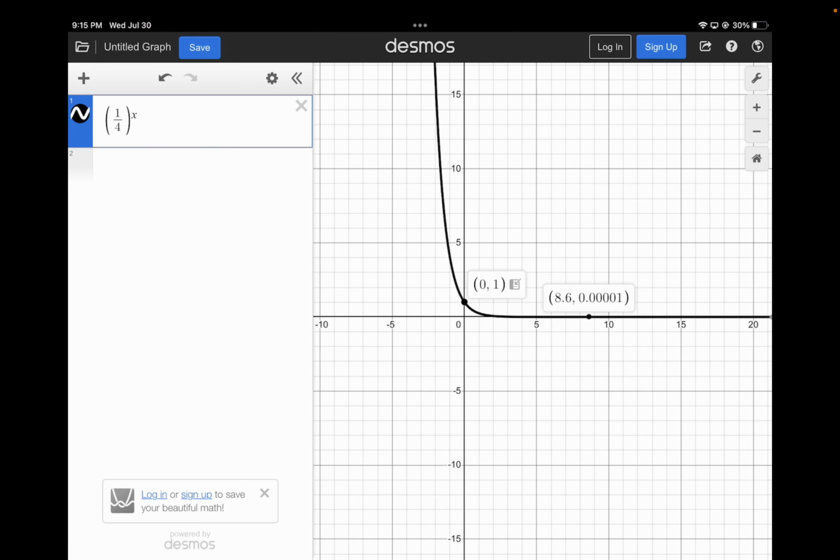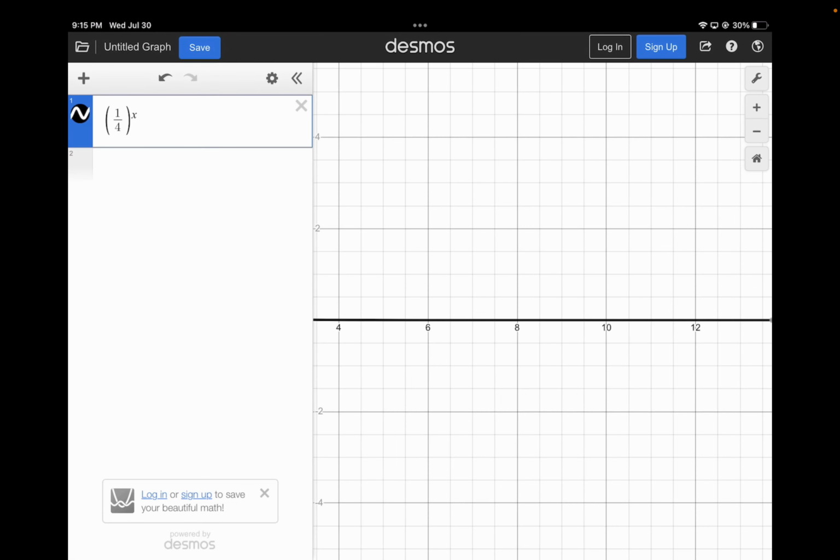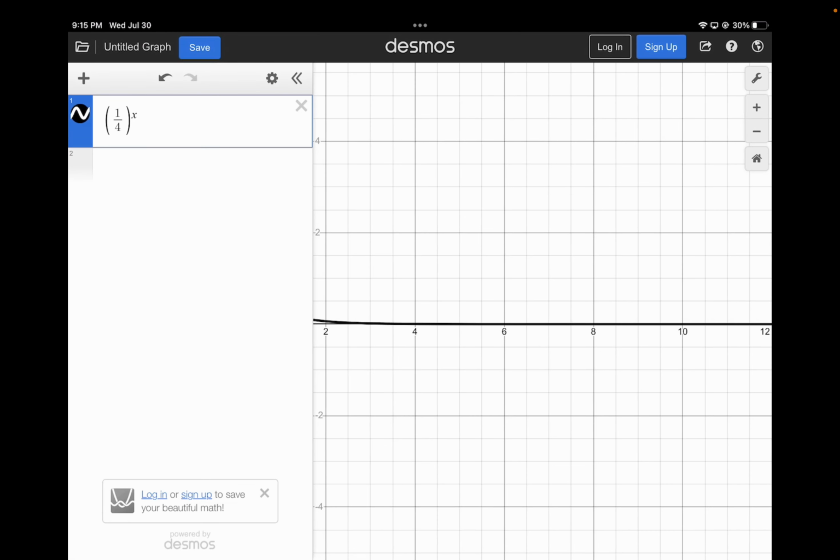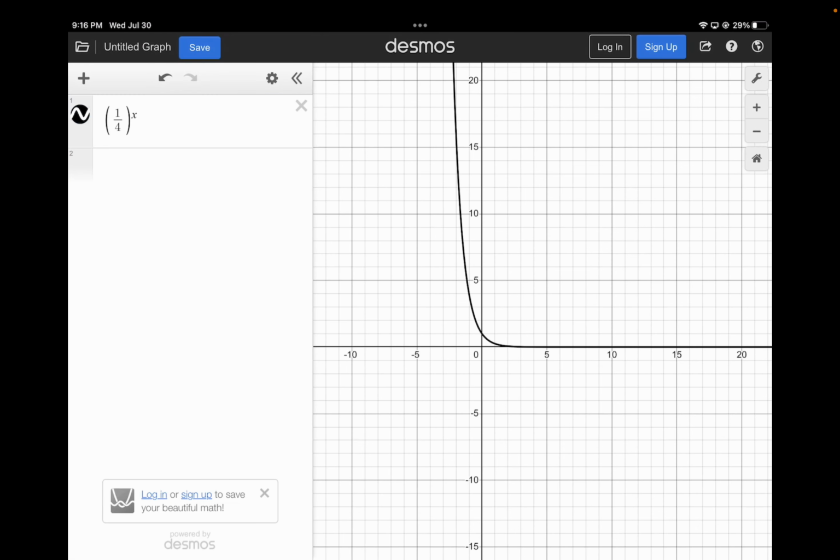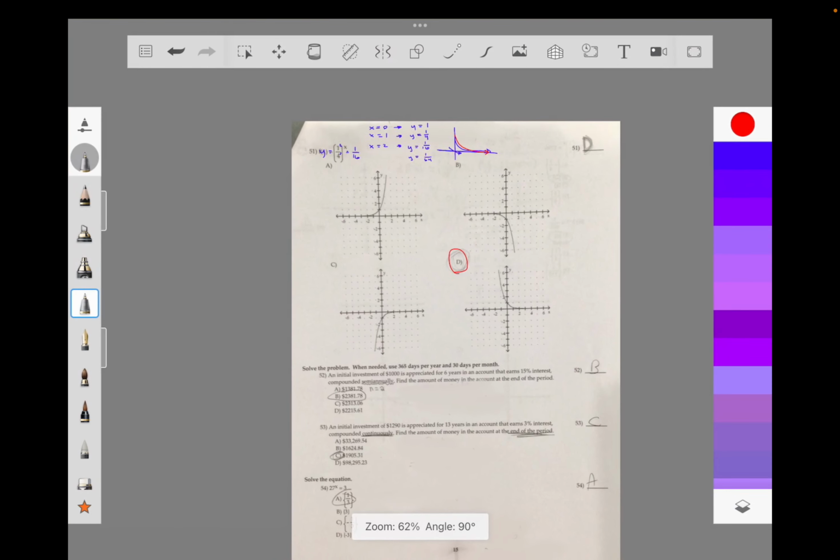But if you were to have more decimals, it keeps getting smaller and smaller. It's just that Desmos has a rounding off point right there.